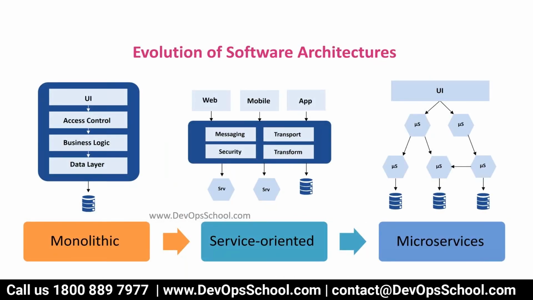If you look at this, architecture also has changed. Earlier we followed the monolithic architecture, which means all the components of the software are on one server. So monitoring was very easy for us. But over a period of time, we have migrated from monolithic to service-oriented and then microservices.